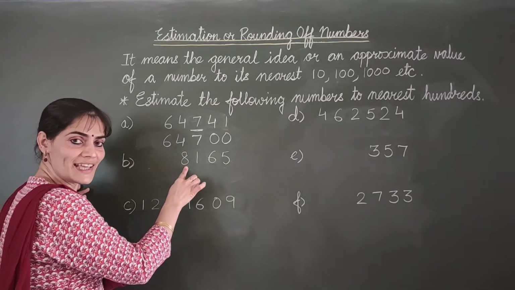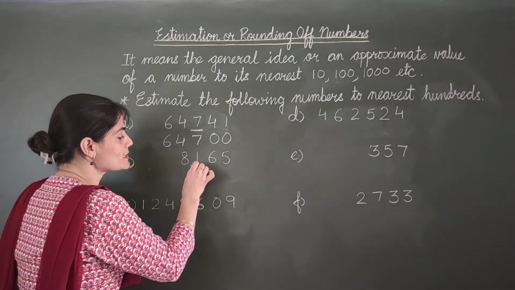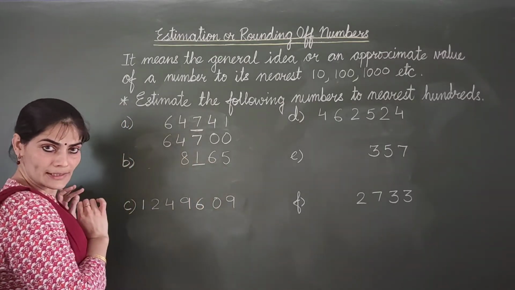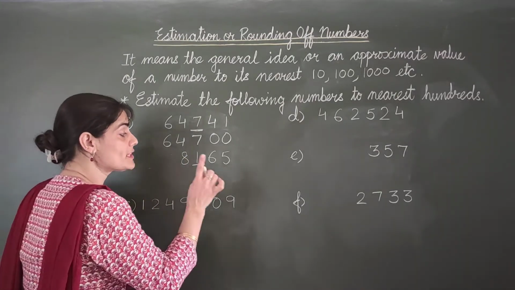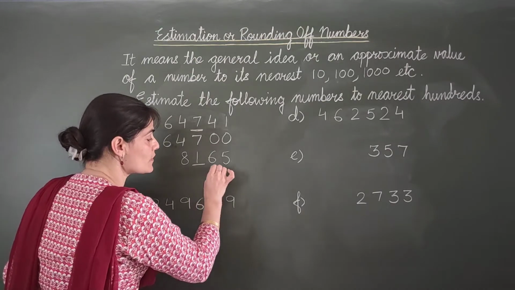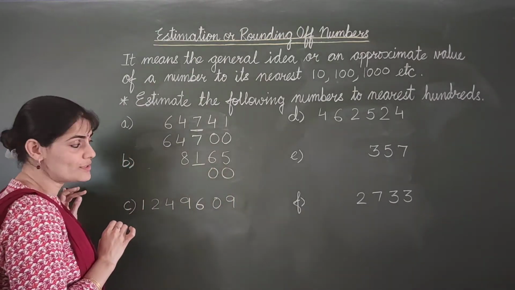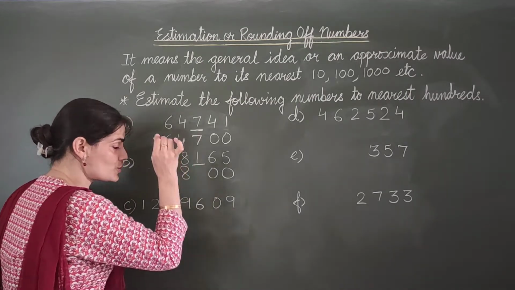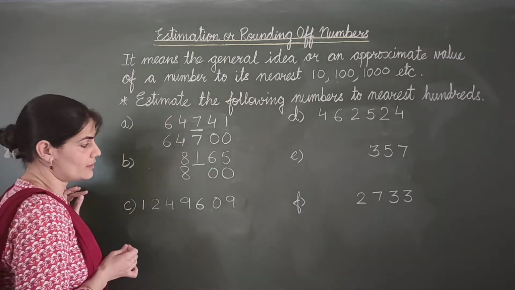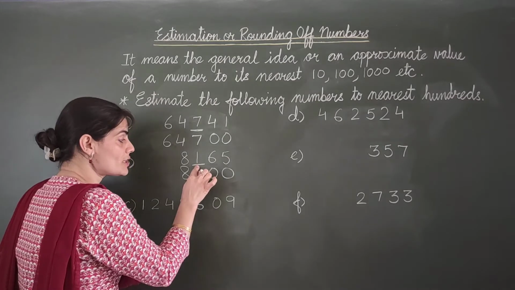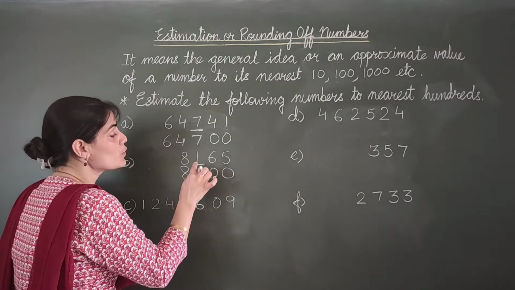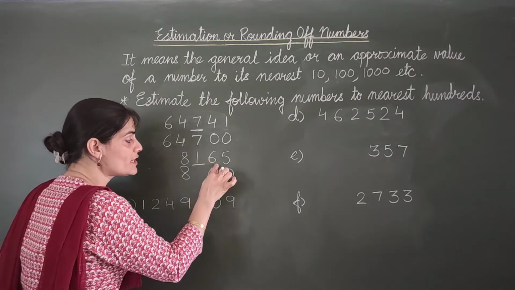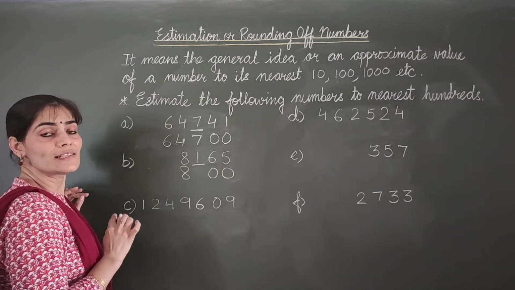Now look at the next part. The digit at hundreds place is underlined by me. Now the digits at smaller places will be replaced by zeros and the digit at larger place will remain unchanged. So I write 8 here. Now this digit at hundreds place will be changed according to the digit at tens place.